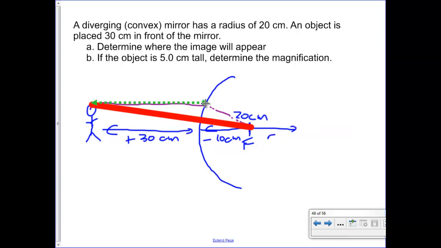Let me draw this one. This one would go like that, and like that. This one would go like that, but as soon as it hits the mirror, it would then become parallel. And then lastly, if it went directly to the center, it would bounce back on itself.